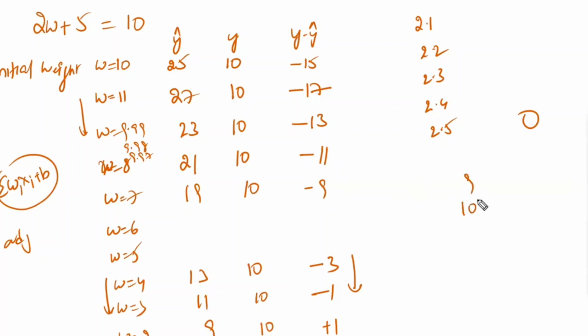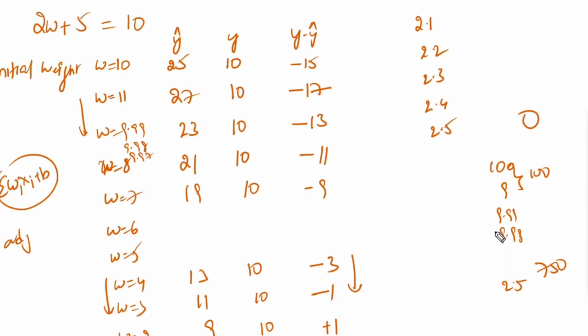Between 10 and 9 only, you are having 100 iterations. If you go with 9.99, 9.98, 9.97, to get to 9 only, 100 iterations will be taken. From there, to go to 2.5, it will take 750 iterations. After 750 iterations only, you will get the exact answer of 2.5.